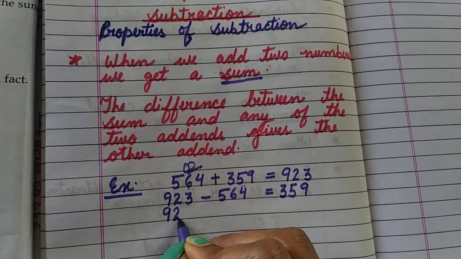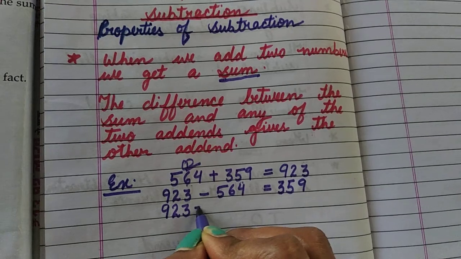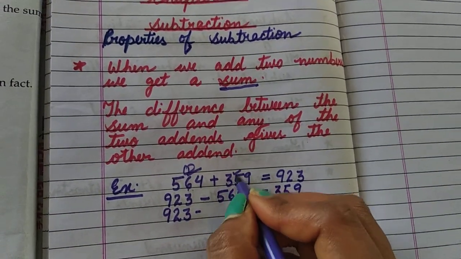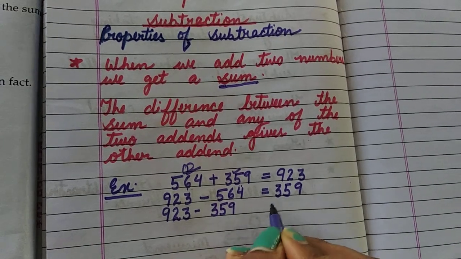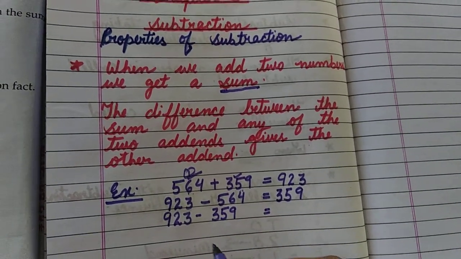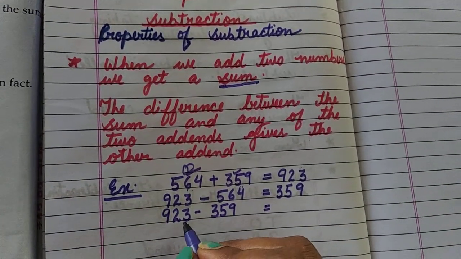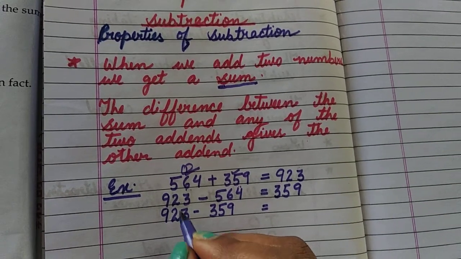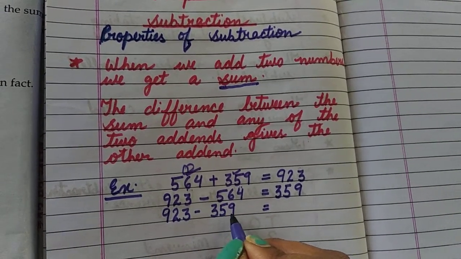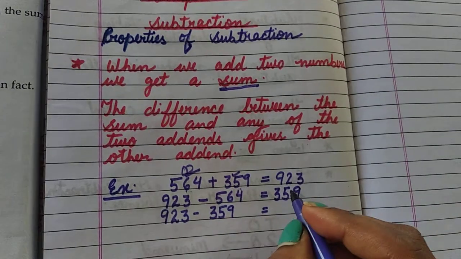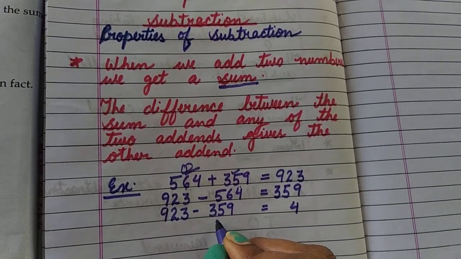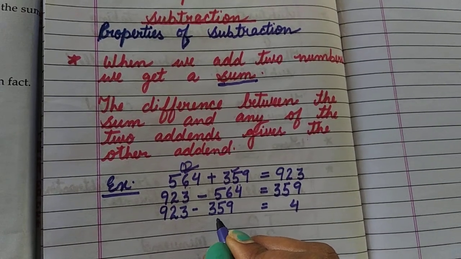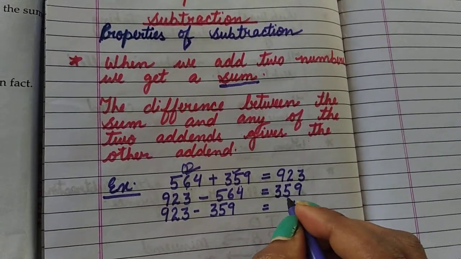This is the sum 923, minus we take this addend 359. So do the solution. 13 minus 9 is equal to 4. Then 11 minus, yes, exactly, you have done.